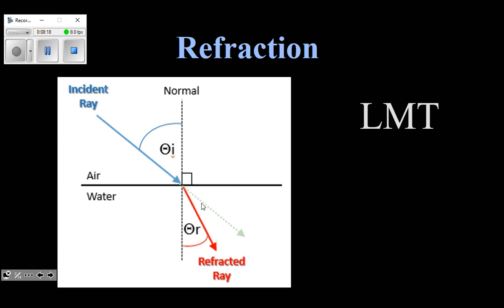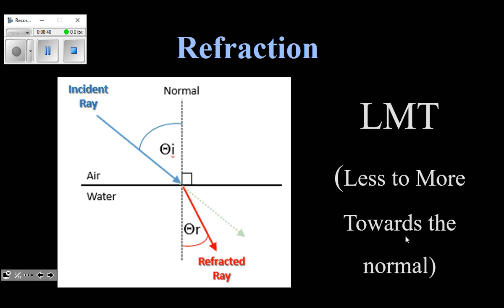Here's where it would have gone if it didn't bend, but it bent towards the normal. Consequently, the angle of refraction is less than the angle of incidence. Theta I will be a larger number than theta R. Okay, so MLA, more to less, away. LMT, less to more, towards the normal.